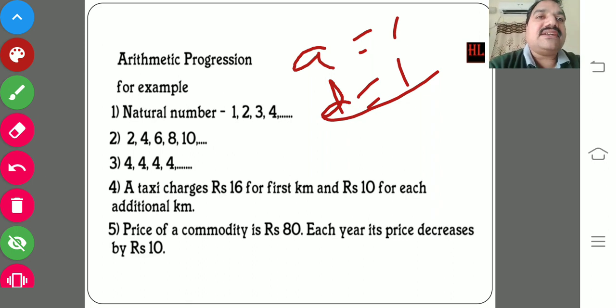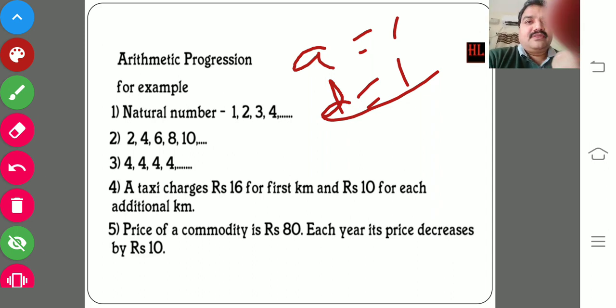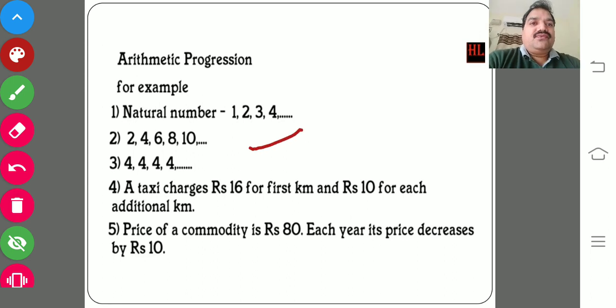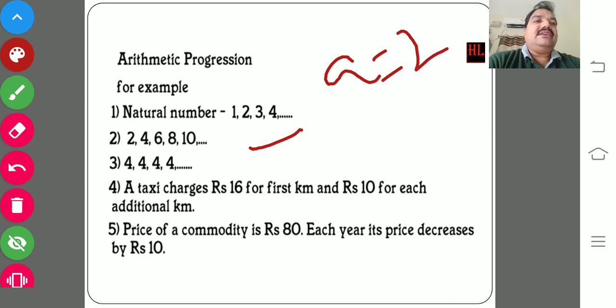Here there are 4 terms: term 1, term 2, term 3, term 4. Term 2 minus term 1 is 1, term 3 minus term 2 is 1, term 4 minus term 3 is also 1. And here 2, 4, 6, 8, 10: A equal to 2 and D equal to T2 minus T1, which is 2.